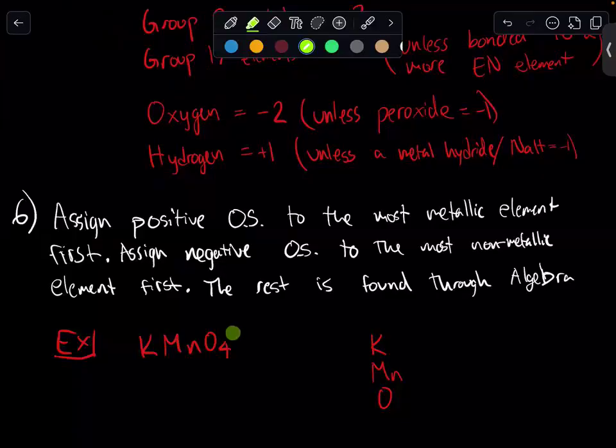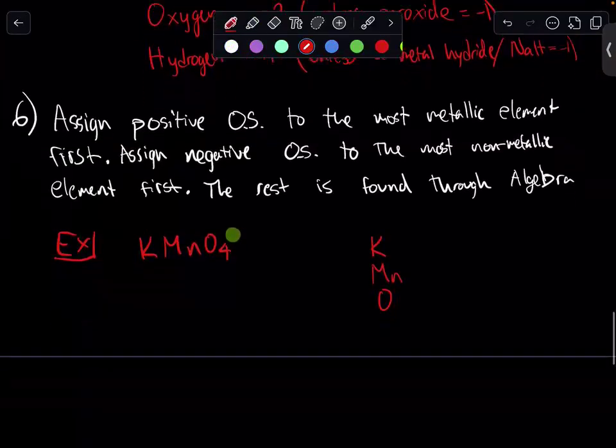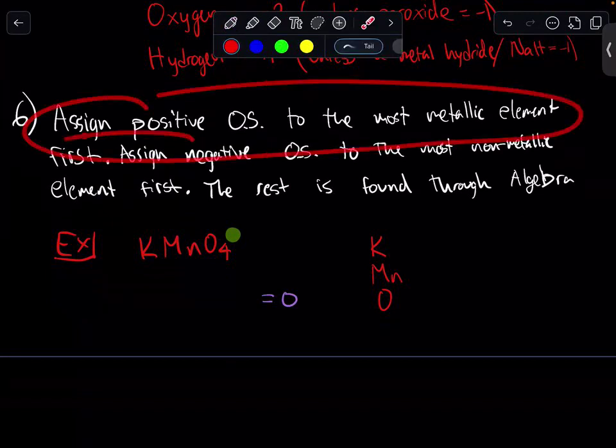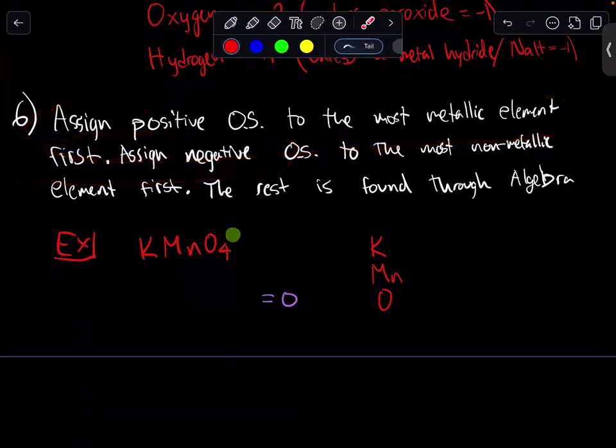There is no charge, which means the sum of oxidation states according to rule 3 is going to be equal to 0. We're going to assign the positive oxidation state to the most metallic element. So between potassium and manganese, potassium is more metallic.